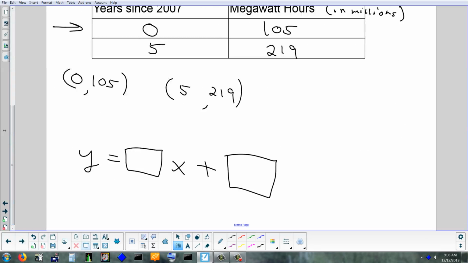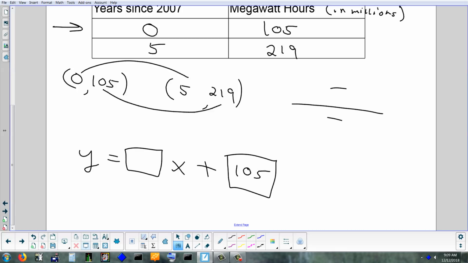So we got that. Now what goes in the second box? Yeah, 105. All right, so that's the easy one. There's no calculation. What's the first box again? It's the slope. And can somebody tell me my calculation here to find the slope? Now, if you think of it like that.